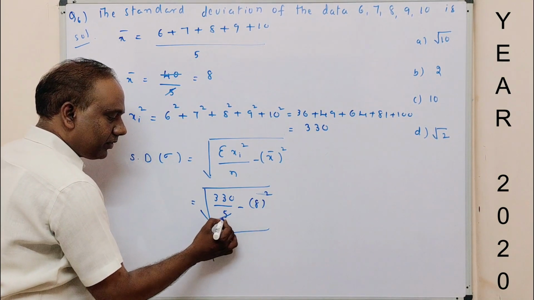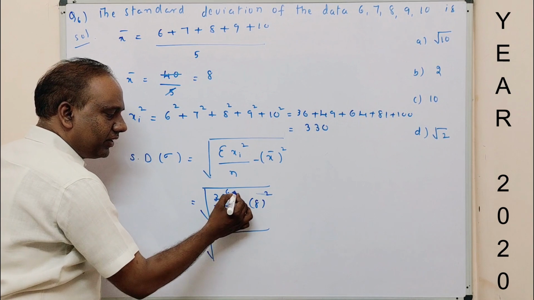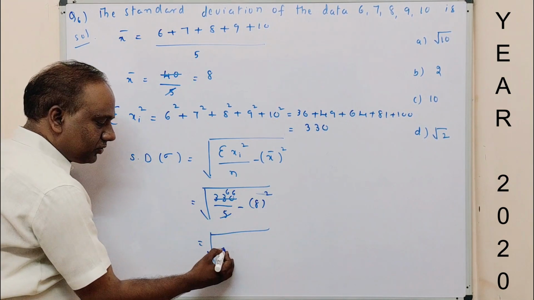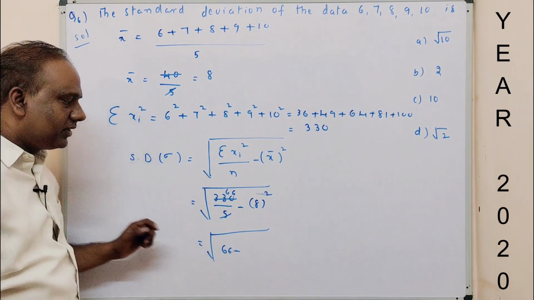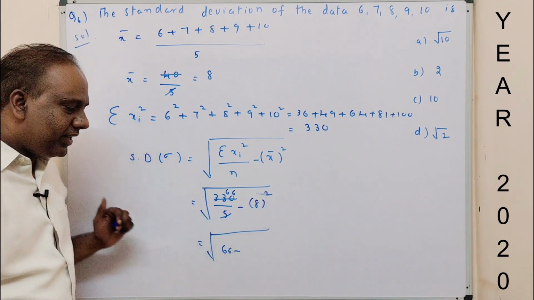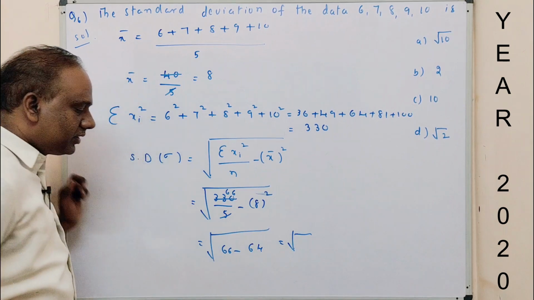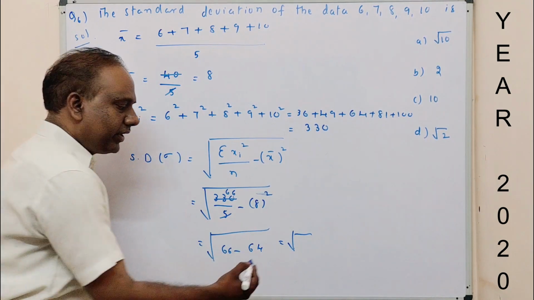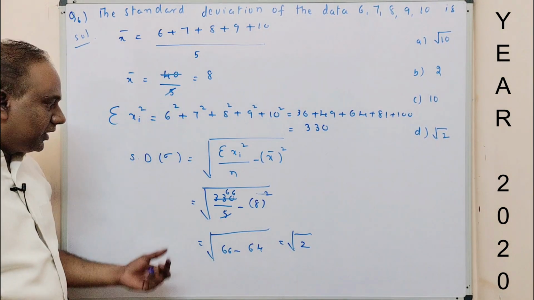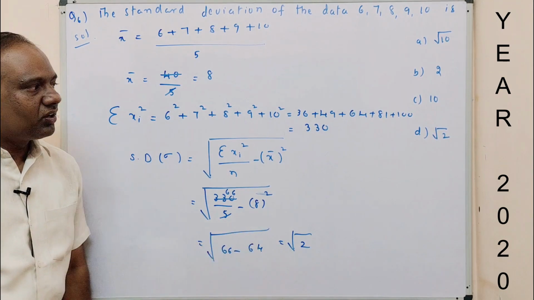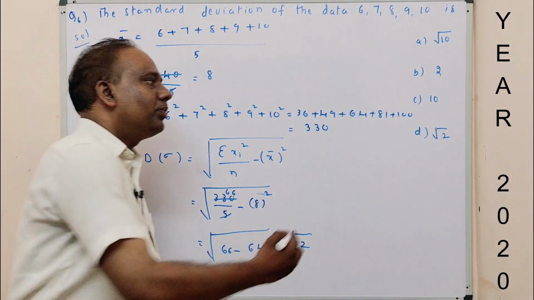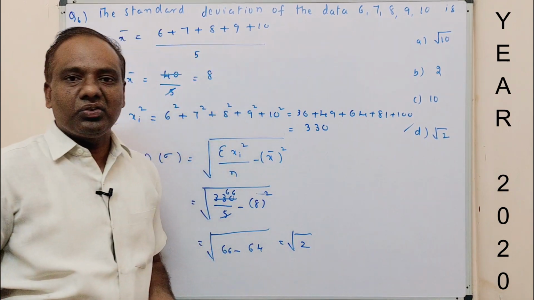So here 5 6s are 30 and 5 6s are 30, so 66 minus here 8 square. 8 square is 64. This is equal to 66 minus 64 is 2. That means standard deviation is root 2. So here option D is the correct answer.